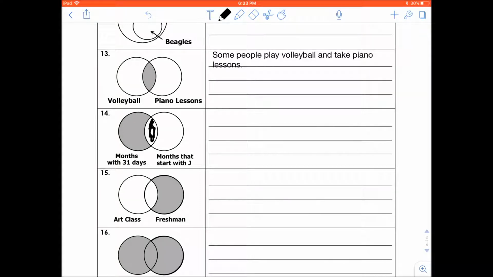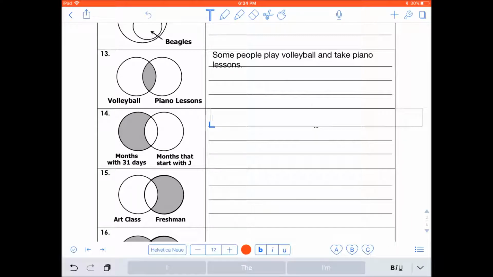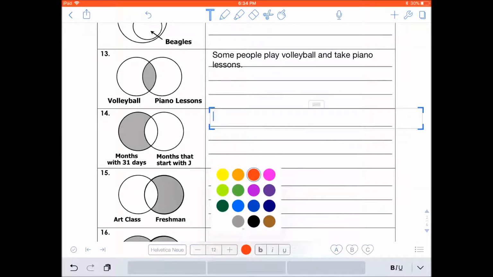And what are these months? These months are months that start with J. So I want this part, the part of that circle that does not end up in the other part. So as I'm writing my description here, I'm going to say that this is the months with 31 days. Oh, we're back to red. We don't want red. We want black.